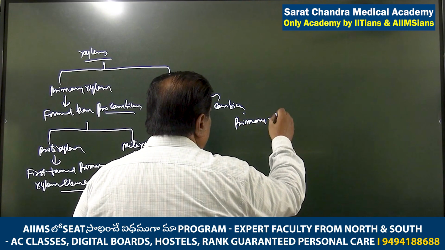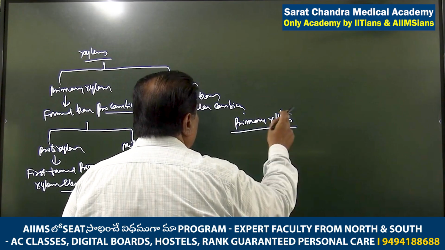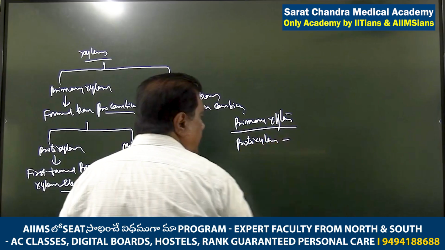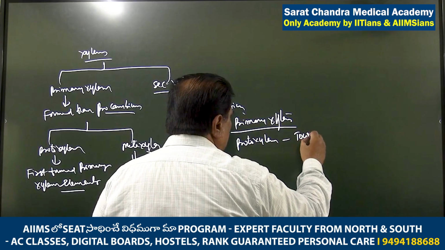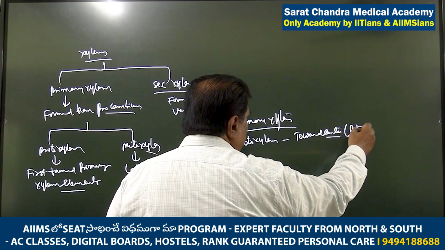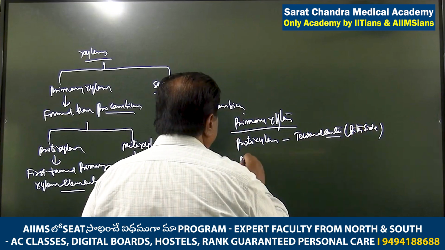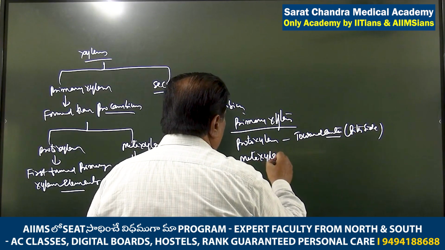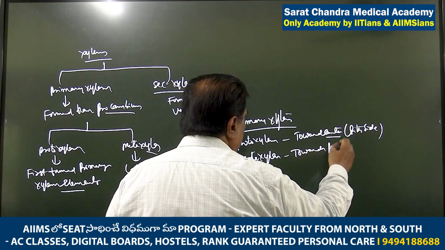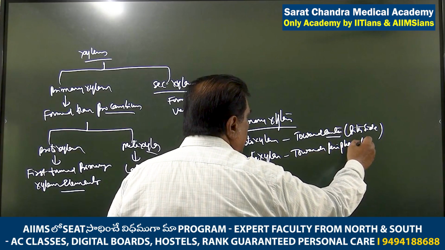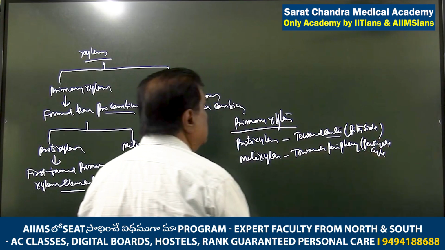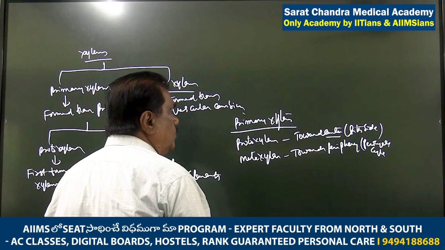In a primary xylem, protoxylem is towards center. Center means towards pith side. And metaxylem is towards periphery. Towards periphery means pericycle side. Protoxylem towards center and metaxylem towards periphery.